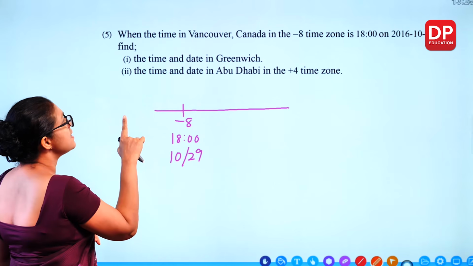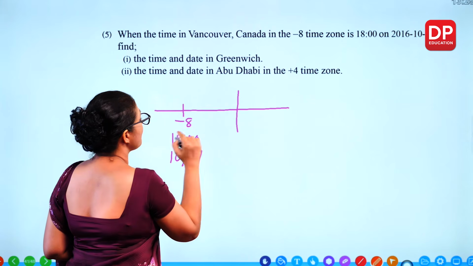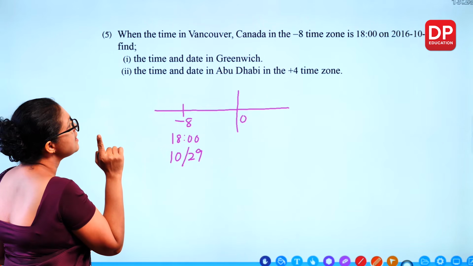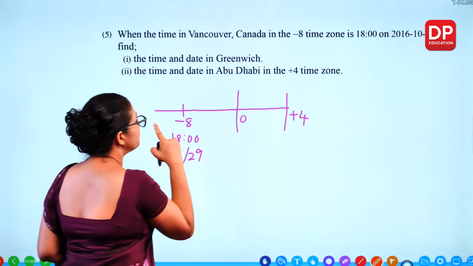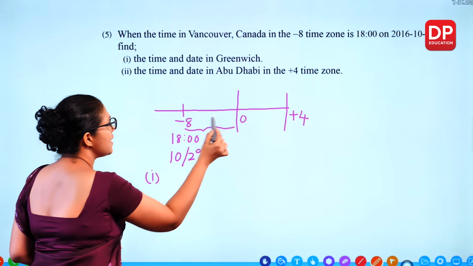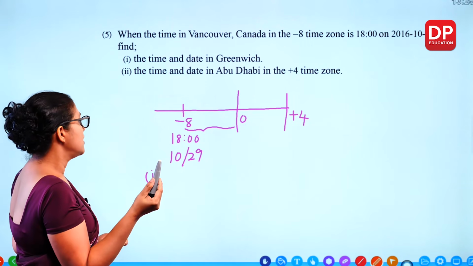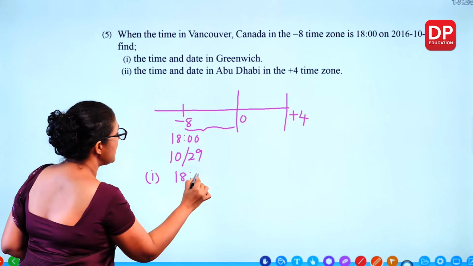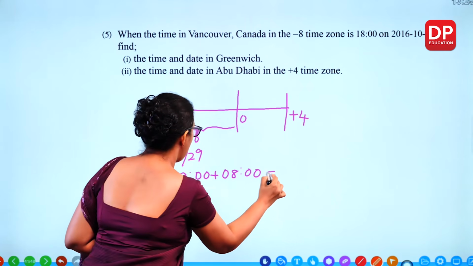The time and date in Greenwich, Greenwich means 0. And the other one, the time and date in Abu Dhabi, that's +4. Okay, so first part, what's the time difference here? -8 to 0. Add 8 hours to 18. 18 plus 8 hours.